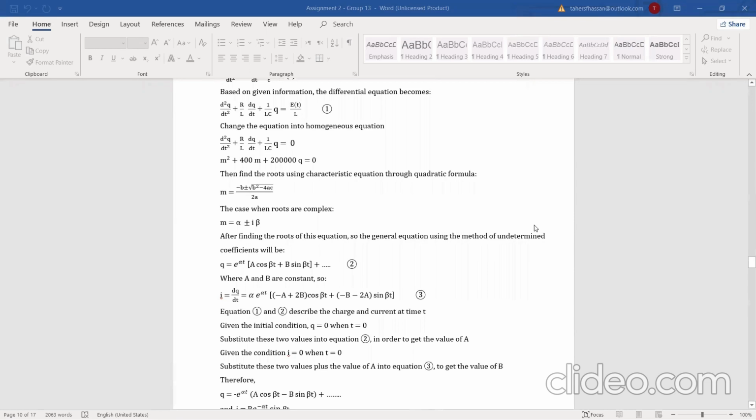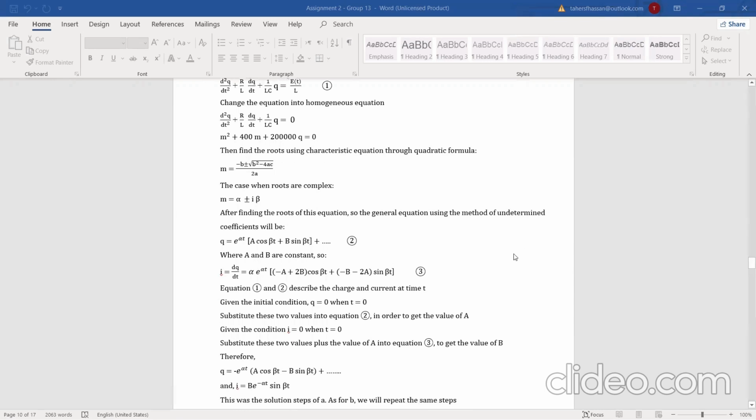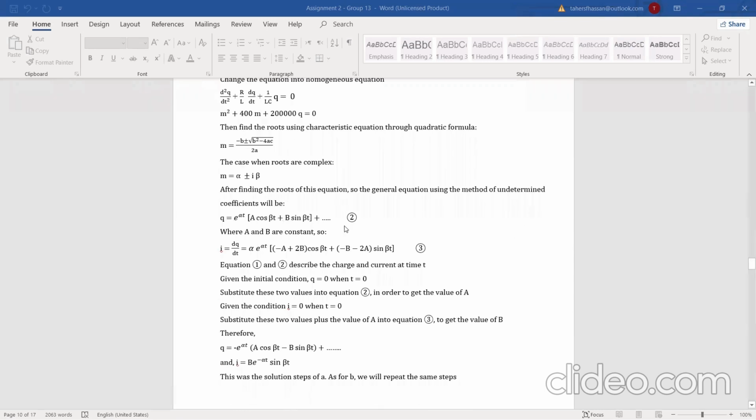For the case when the roots are complex, m equals alpha plus or minus i beta. After finding the roots of this equation, the general solution using the method of undetermined coefficients will be q equals e to the power alpha t, times A cosine beta t plus B sine beta t, where A and B are constants.